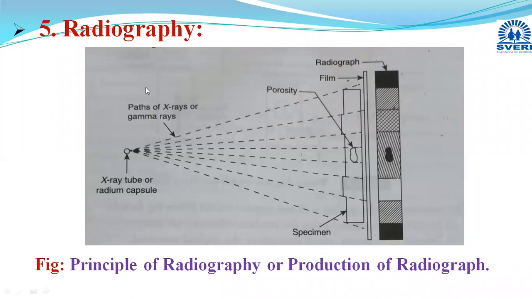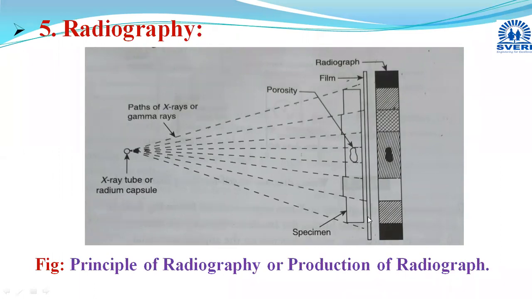And if we are using gamma rays, then the film obtained will be termed a radiograph. Depending on the rays used, these different types are there. I will explain it again, I will repeat this principle. In this radiography technique, the principle will be like this.